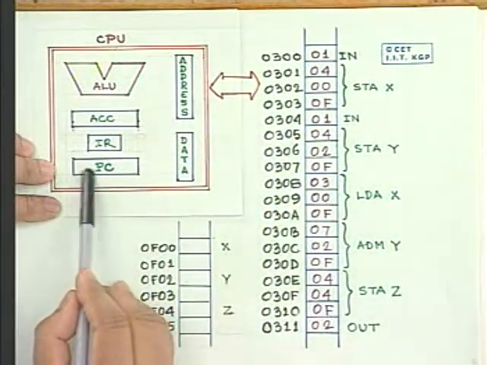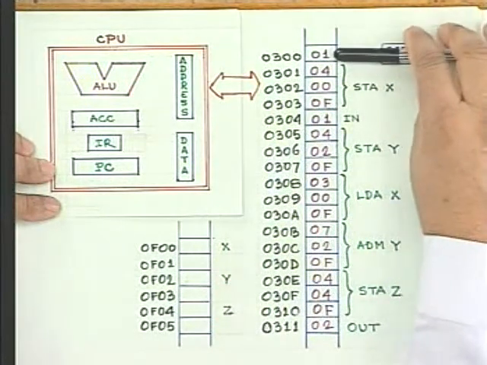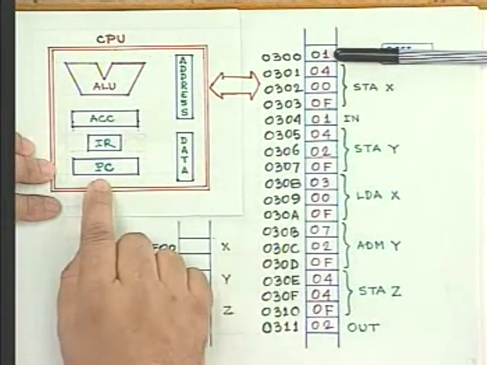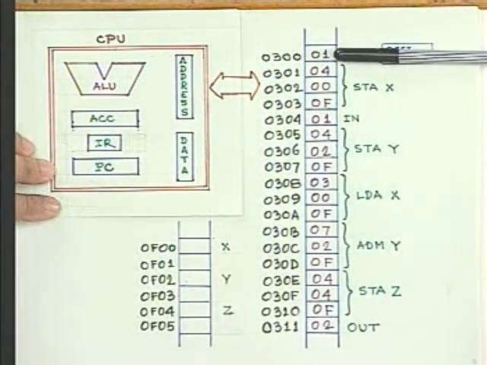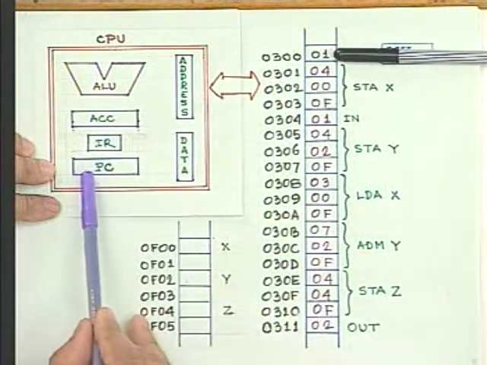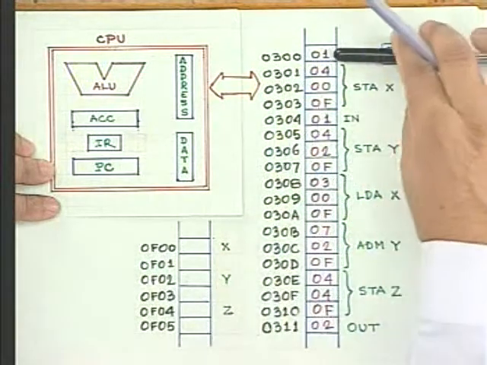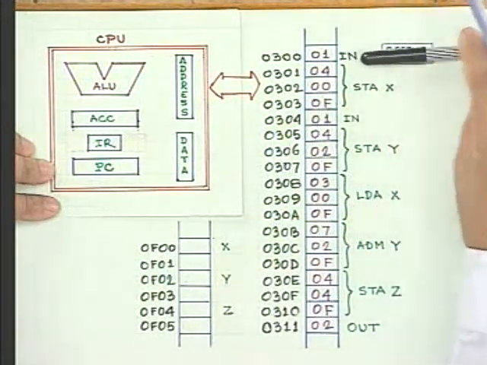This program counter is loaded with the first instruction that is to be executed. That means the program counter is now containing 0300.